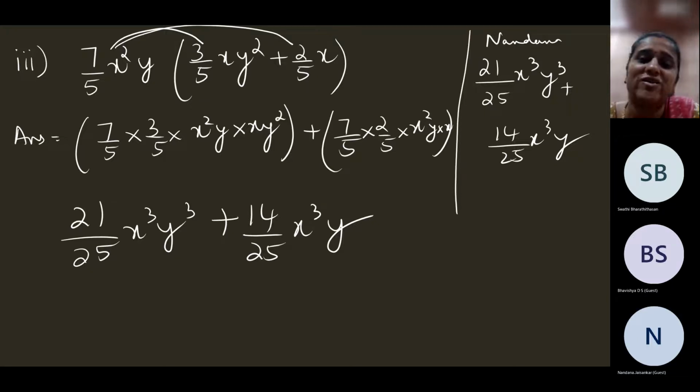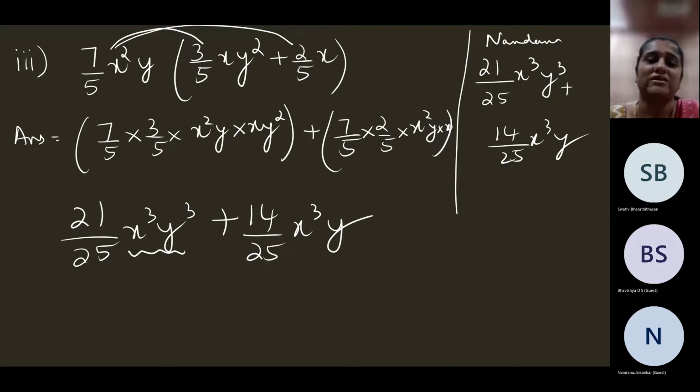Very good. They are not like terms. Addition and subtraction can be performed only with like terms. You can multiply, divide anything, but to add or subtract, they have to be like terms. Bhavishya and Swati, how do you know that they're like or unlike terms? You should look at the literal factors, the letters, not the numbers.